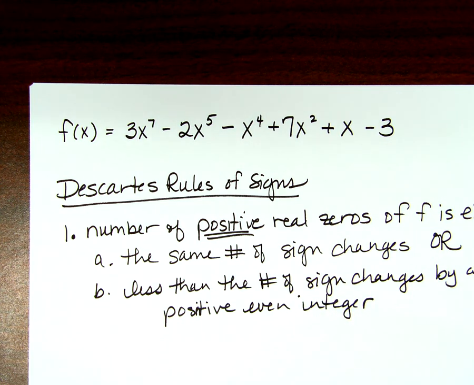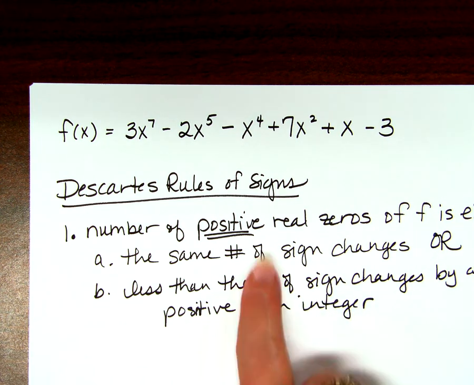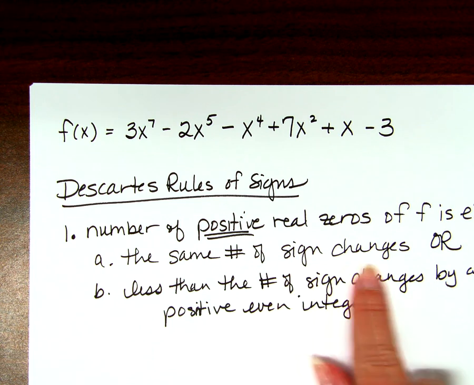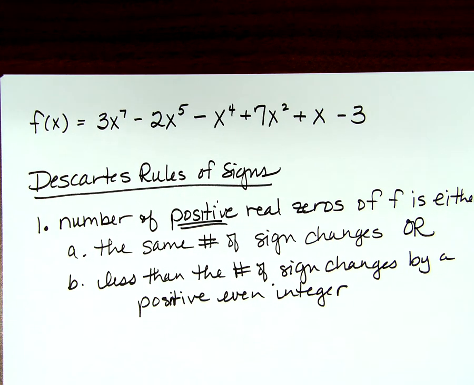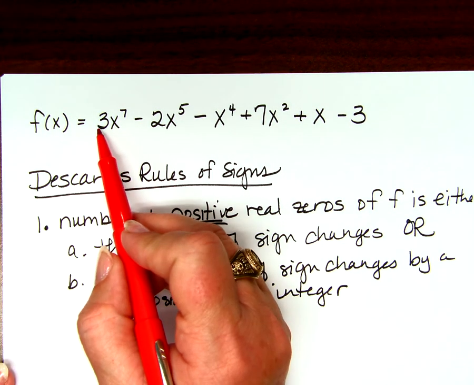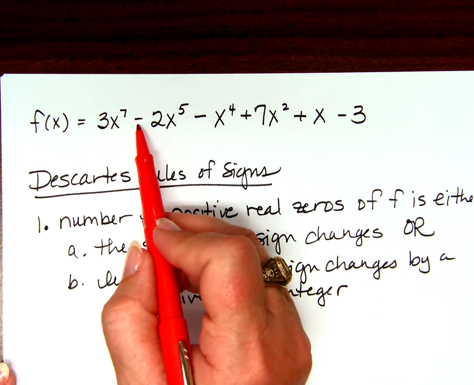So what the heck does that mean? Well, we have to figure out the number of sign changes first. If I'm looking at this polynomial that I gave you to begin with, how many times does it change signs? Well, this term is positive. This term is negative.